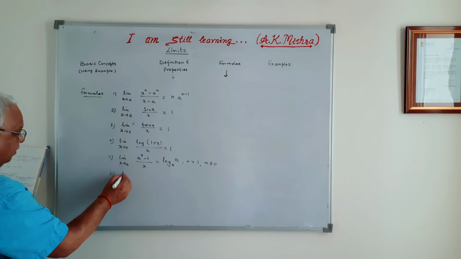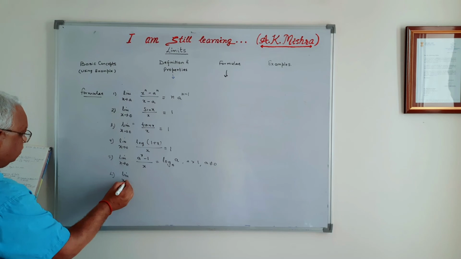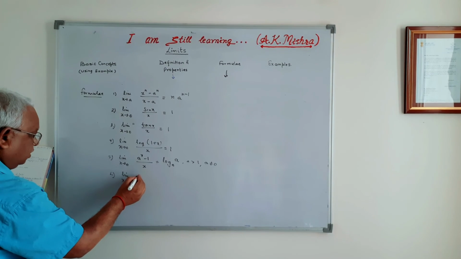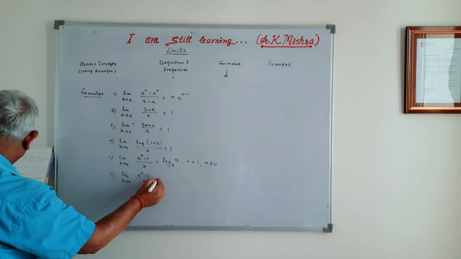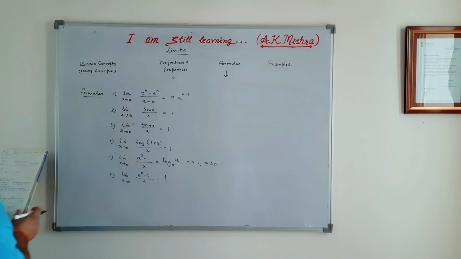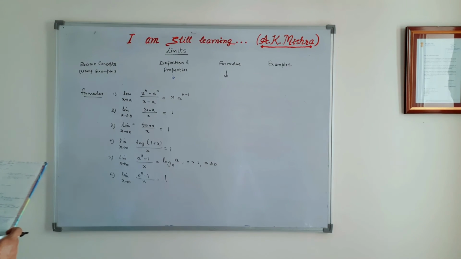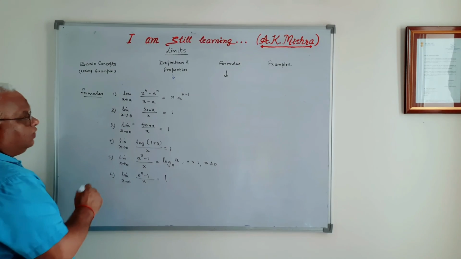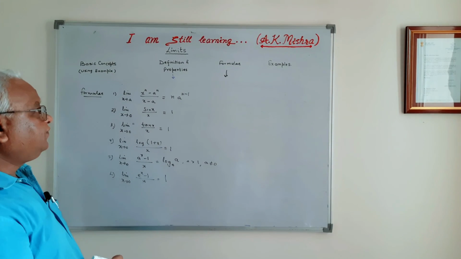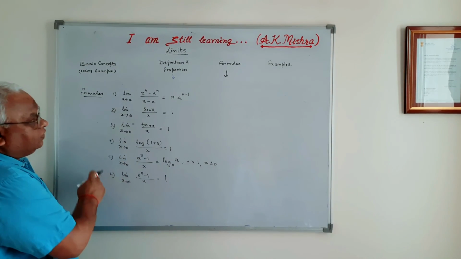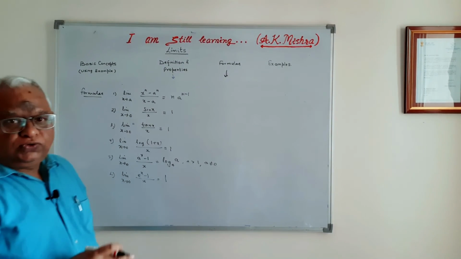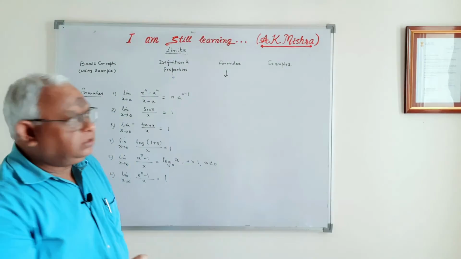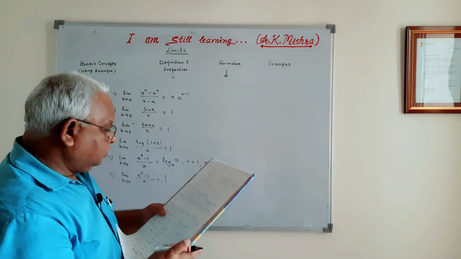Sixth, limit x tending to 0, (e^x minus 1) upon x is equal to 1. These are a few formulas. There are many more formulas which you can add to this list, but by using these limits, you'll be able to do most of the questions from the exercise.